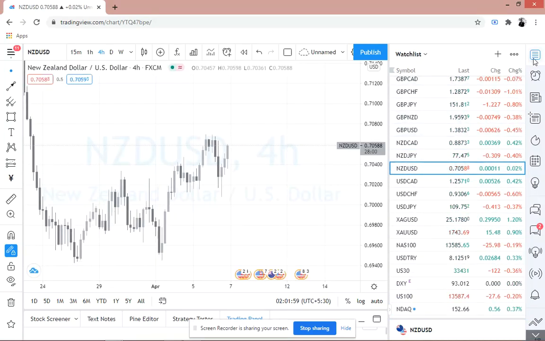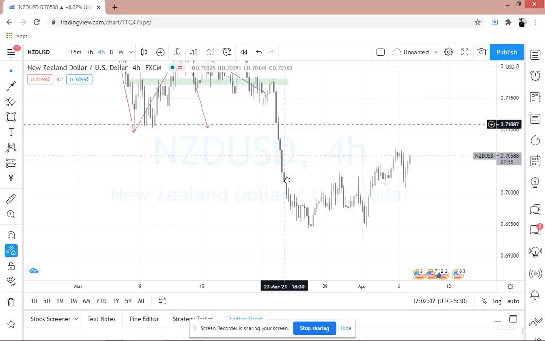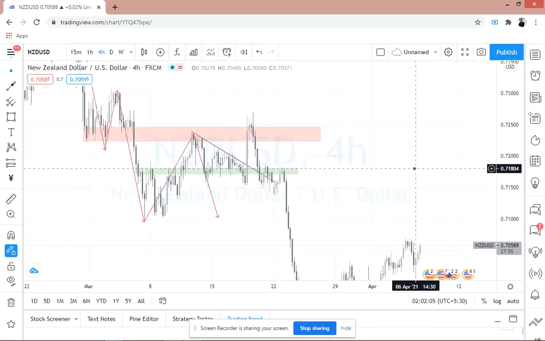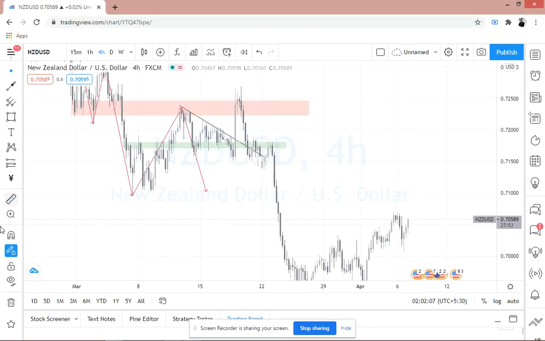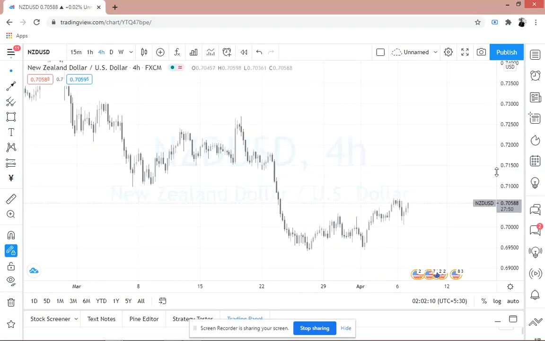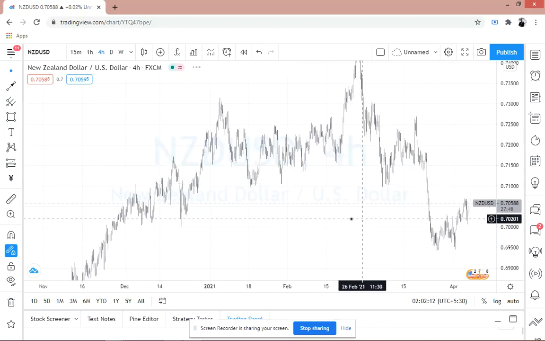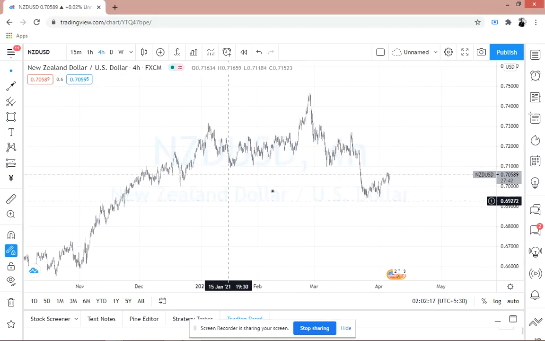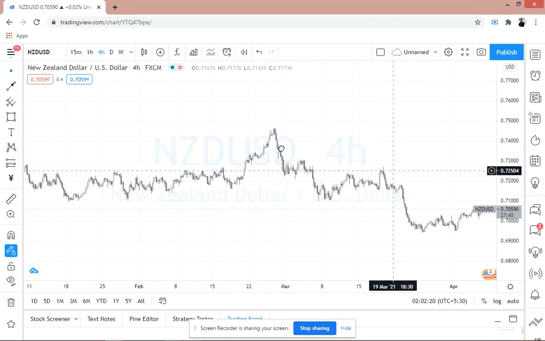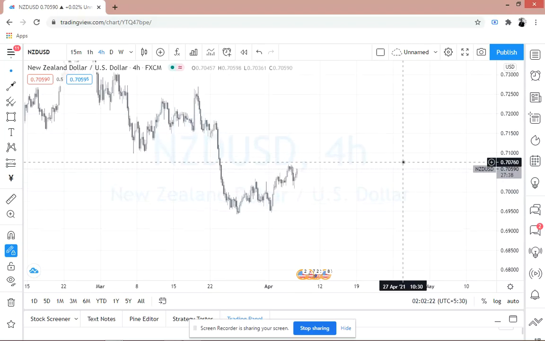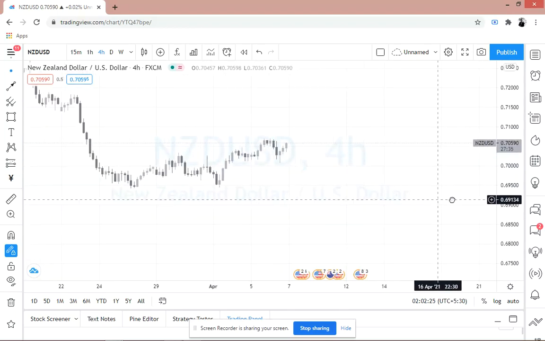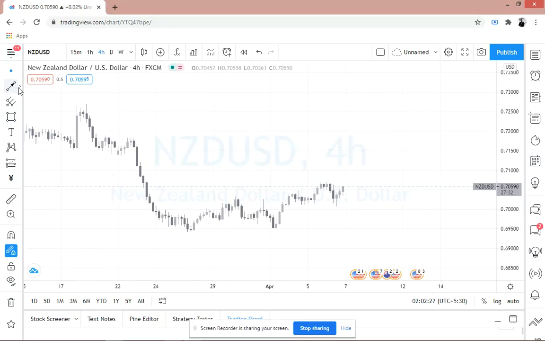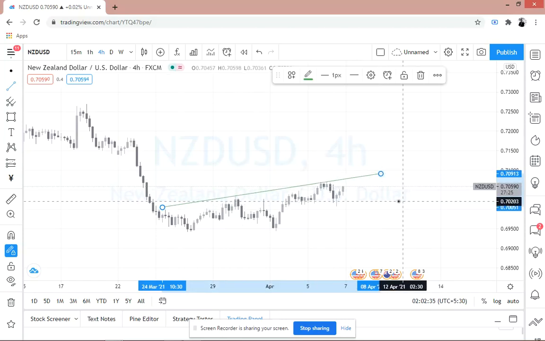Here we have NZDUSD. The market moved according to what we predicted on NZDUSD. The major trend is up, the minor trend is down. So here we have sellers' entry.